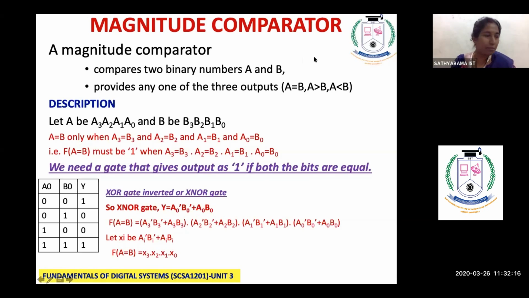So what is the difference between a subtractor and a comparator? We all understand that a comparator also will perform comparison based on subtraction only. It will use 2's complement addition only inside. But the comparator will not change the input values. If A is A and B is B, even after performing comparison, you will have the values of A as A and B as B.